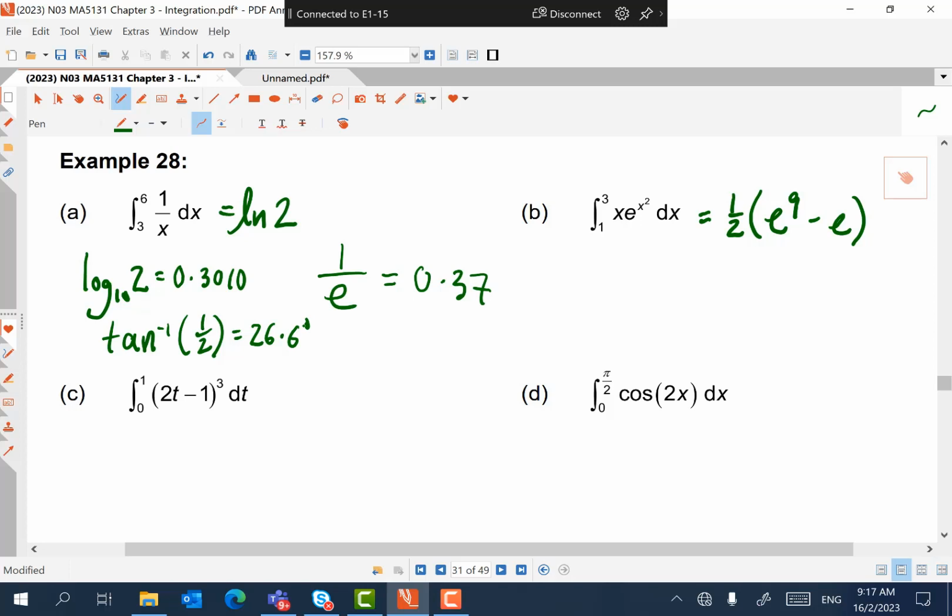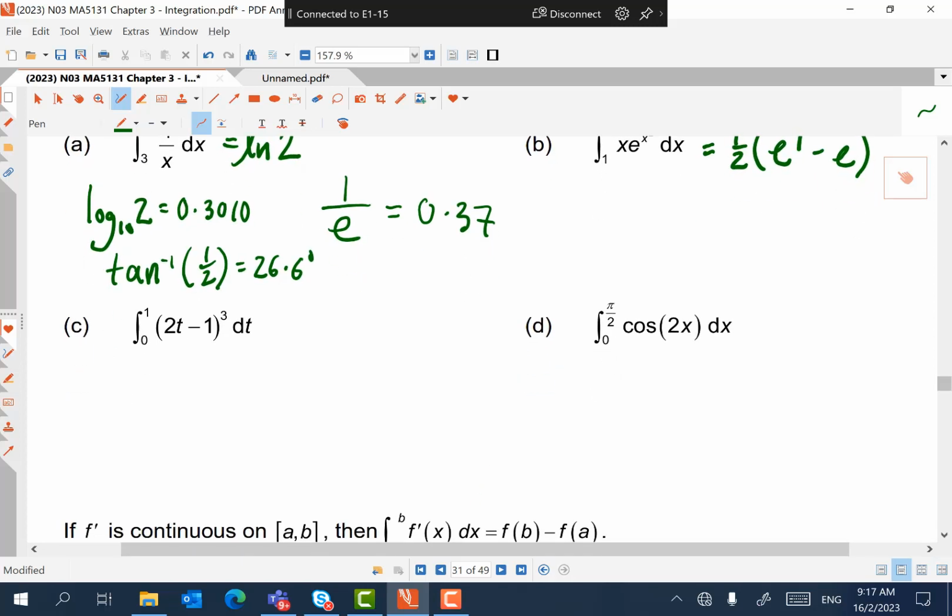Nothing better to do, just start memorizing all silly numbers. Okay. Part C. For part C, you don't have to expand to integrate, you know. Isn't it the A plus 3? Right.